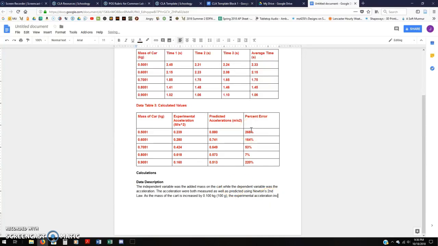Acceleration increased by uneven amounts between trials, the experimental acceleration.